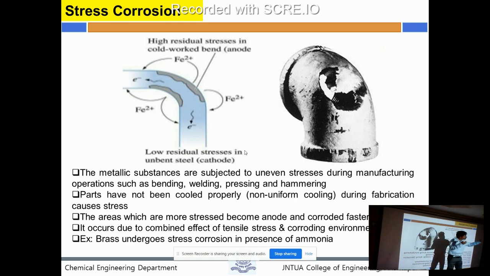This high velocity fluid will suddenly strike the surface here because there is a bend. This high velocity fluid will try to erode this surface because it is hitting at a high velocity. If there is no bend, fluid will go as it is, but there is a bend here, so this fluid will hit the surface and try to erode, remove, peel off.